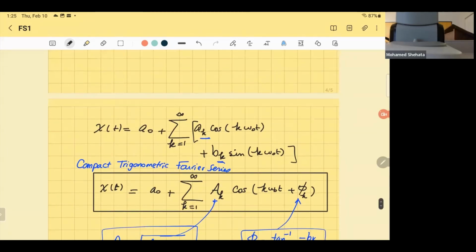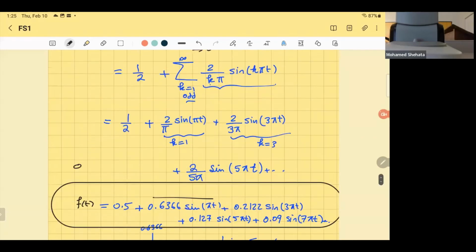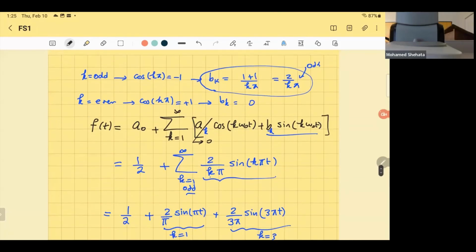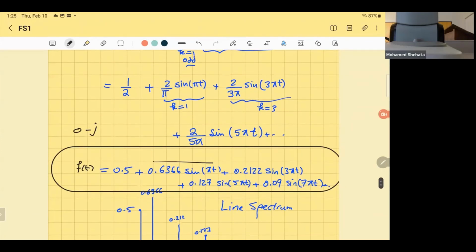Let's go back. What is the coefficient of the sine term? A or B? B. So if we write a equal to 0, we'll prove that all the a's are equal to 0 in the beginning. So 0 minus j b. What's the value of b? 0.6366. So what is the angle of this?